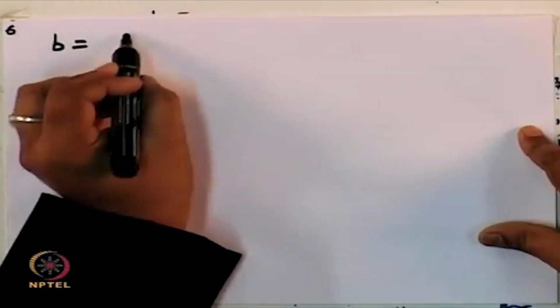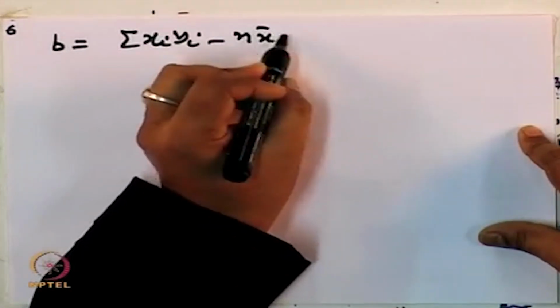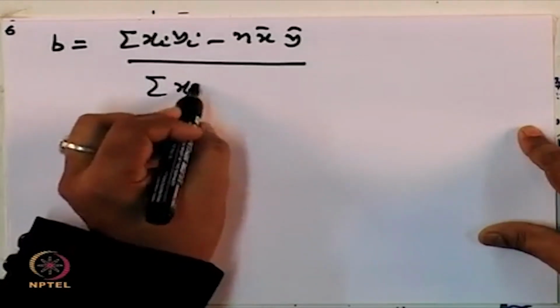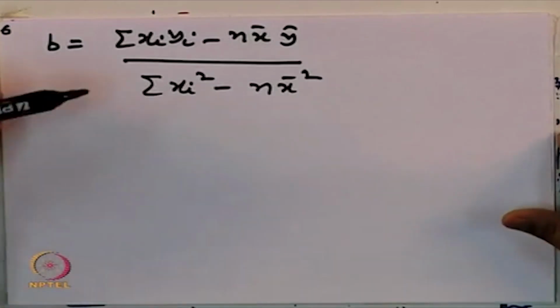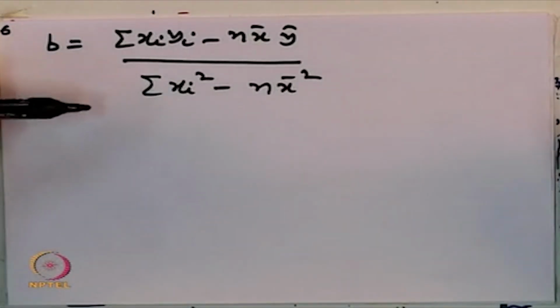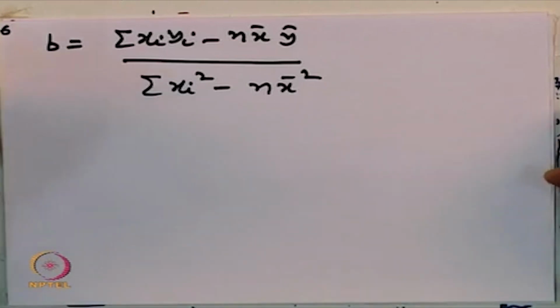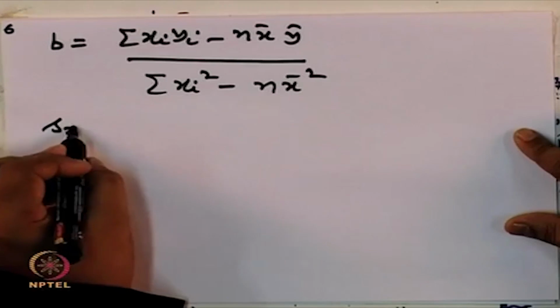So, I can uniquely determine b. The expression for b becomes summation xi yi minus n x bar y bar divided by summation xi square minus n x bar square. Now, can I compare it with some of the definitions of covariance or correlation coefficient? Let me write down the expression for covariance that we determined.